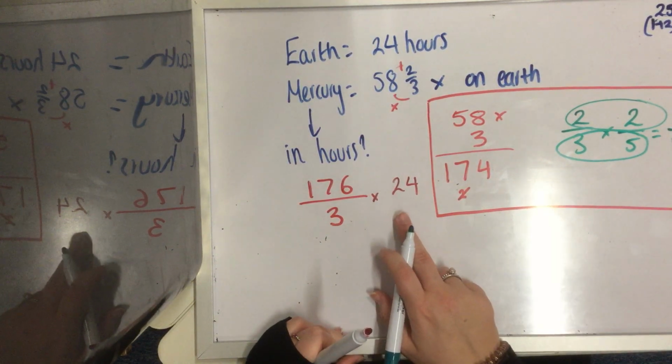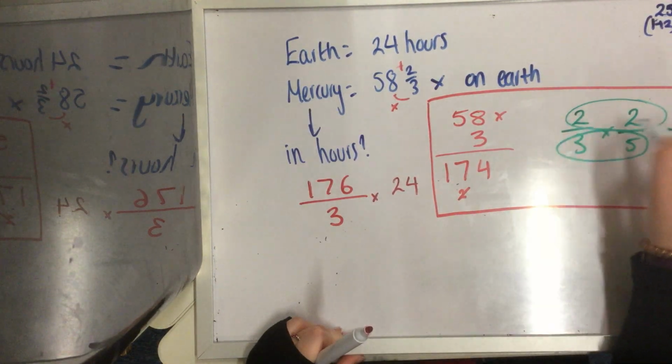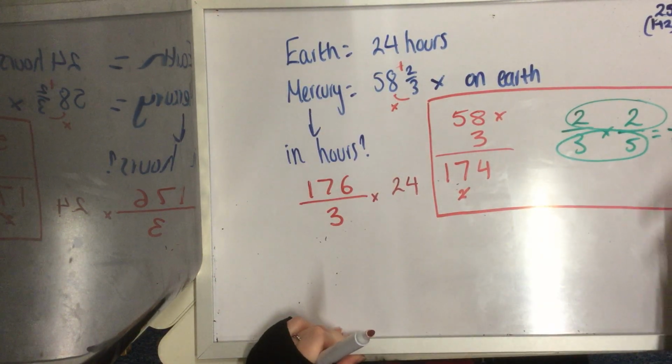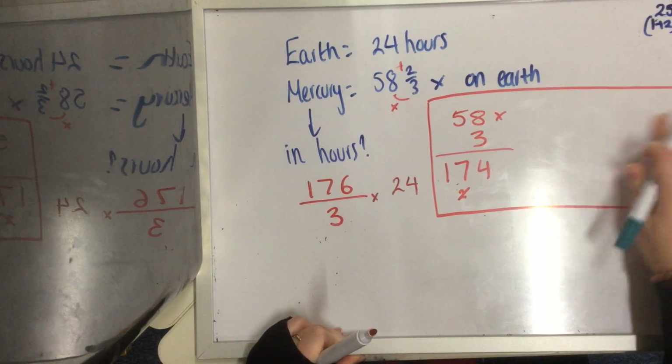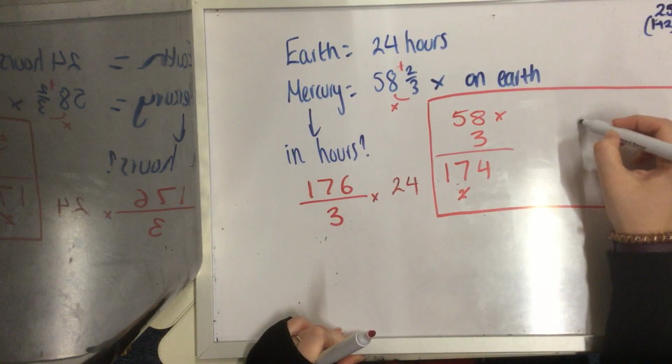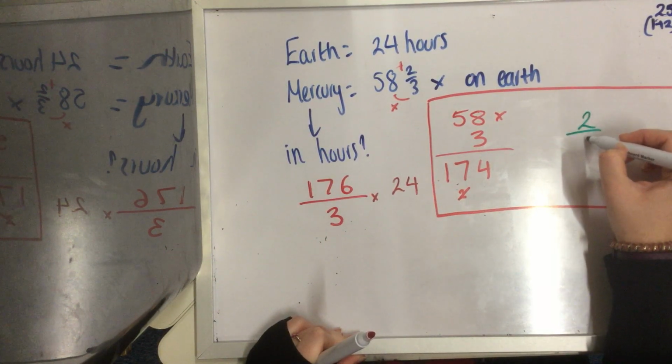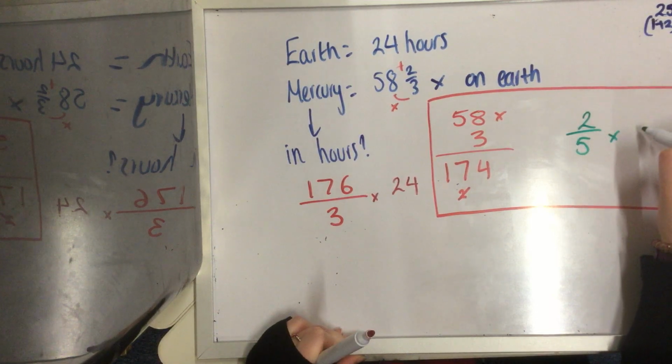When you have a whole number over here, obviously it's not as straightforward, but what you can do is, whenever there's a whole number, let's say for example it was, again we'll do 2 and a fifth times by, let's just say it was 2.